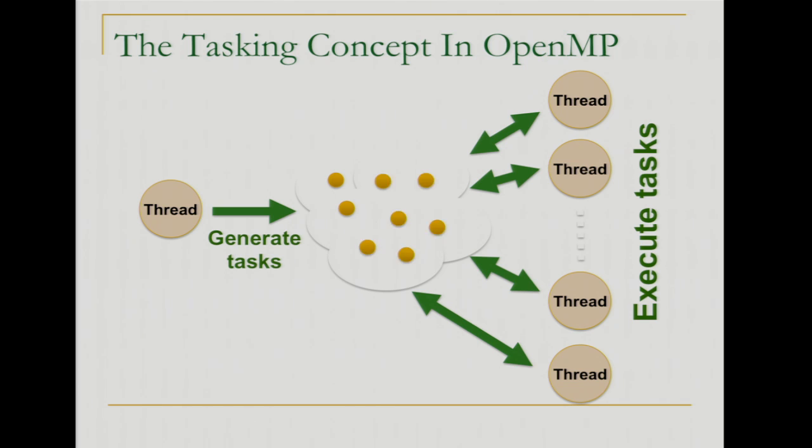So the thing about tasks is it's a piece of code and associated data that's going to be generated, or created if you like, and it will be executed at some point. But the creation and the execution are divorced from each other.